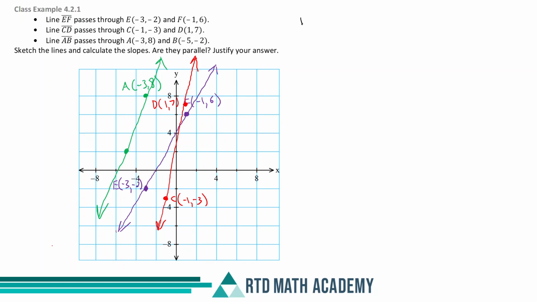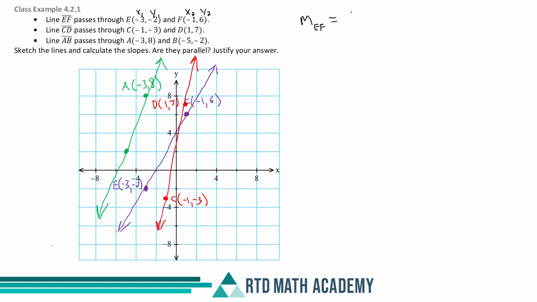So now we'll say the slope of EF, and I'm going to put EF down in the bottom as a subscript. It just reminds me that we're talking about the slope of EF. It's equal to y2 minus y1 over x2 minus x1. So let's label these if you like: x1, y1, x2, y2.